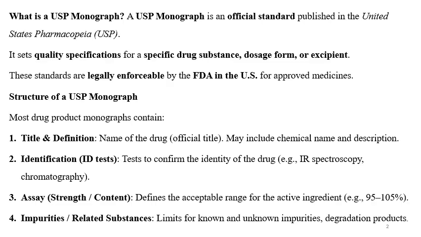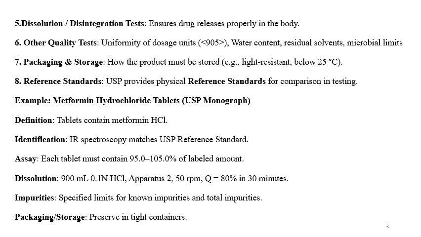Then impurities and the related substances, these are also called the organic impurities. These are the limits for known and unknown impurities, degradation products of the API and the formulation. Then is the dissolution disintegration test. These are the performance tests. These are for the formulation and not for the APIs and excipients.